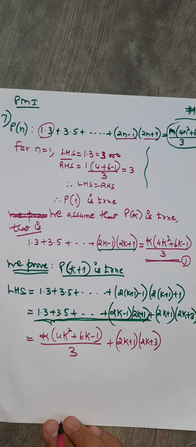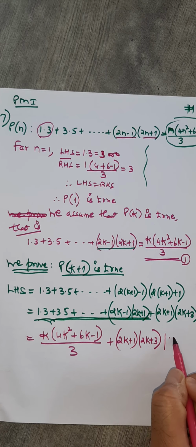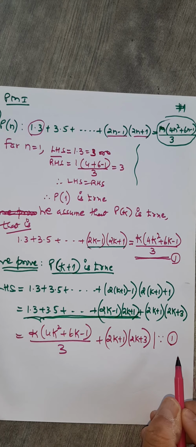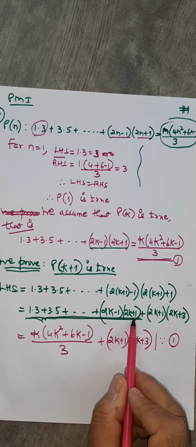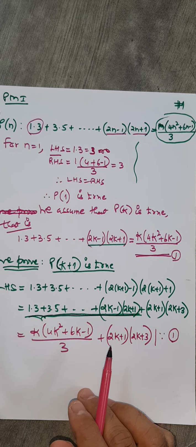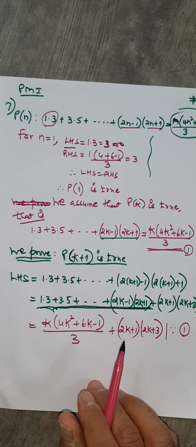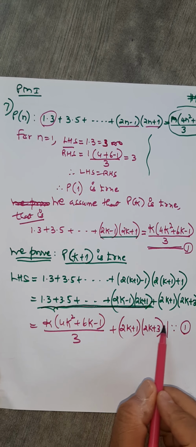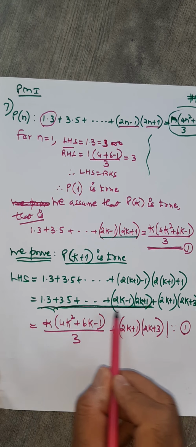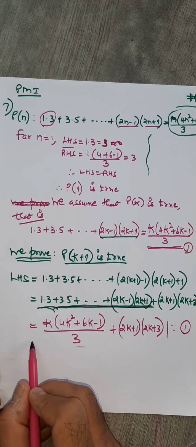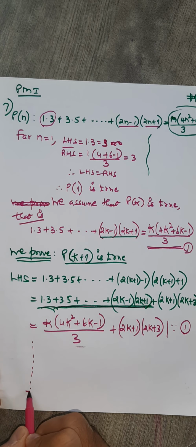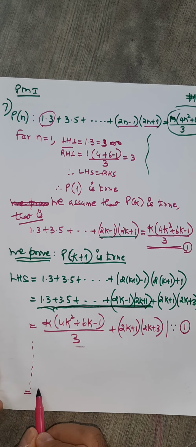Fine. What I did, because of 1, is place the value of this underlying expression. That's what we always did in all questions of PMI. Now it's just algebra, you simplify this carefully here.